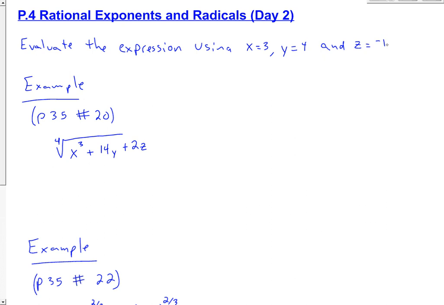So if we take those values and plug them in, we are going to have the fourth root of 3 cubed plus 4 times y, which is 4, plus 2 times z, which is negative 1.